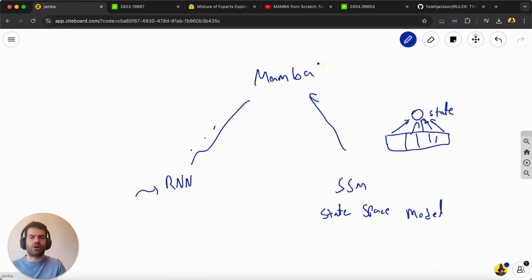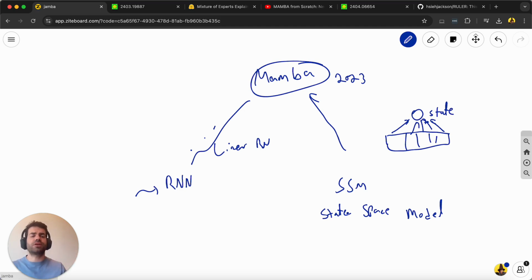The creators of Mamba, this is a paper from 2023, by the way, so not that long ago, showed that in smaller scale models, the Mamba architecture, which you can think about as an evolution of RNN through linear RNN all the way to Mamba, or an evolution of the SSM, the state space models.